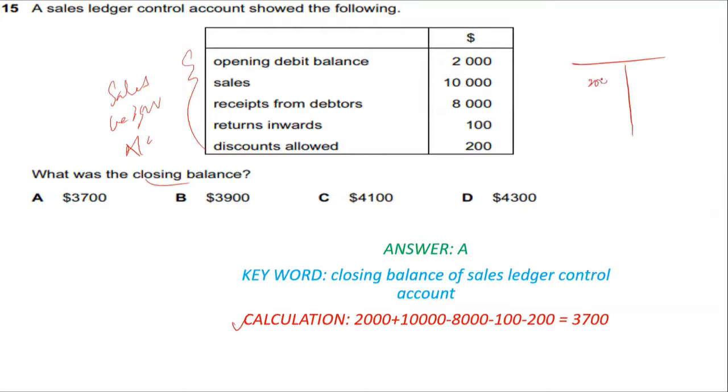So you had an opening balance of $2,000 and additional sales of $10,000, receipts from debtors $8,000, and then return inwards $100 and discount allowed $100. So you would just do the math in here, and then you would arrive at a balance of 3,700, and your answer to multiple choice 15 would be A, 3,700.